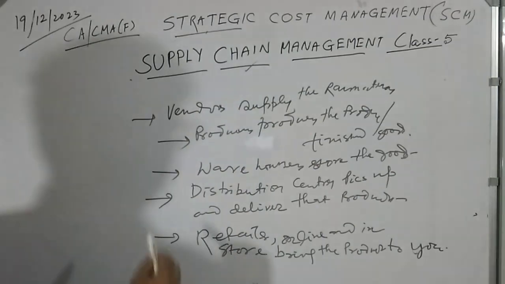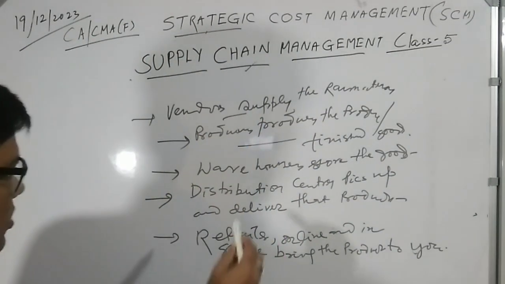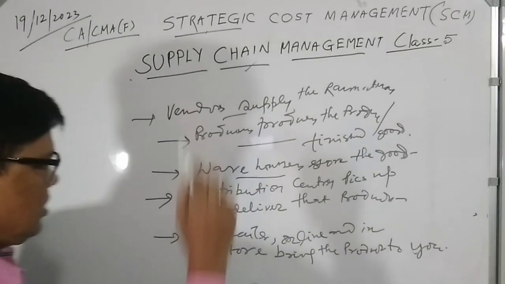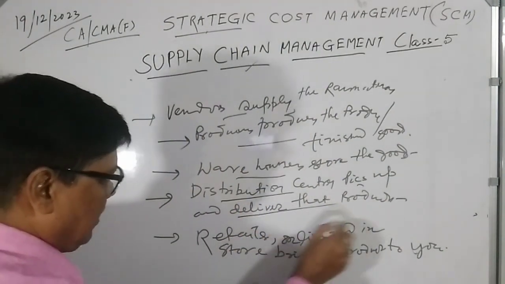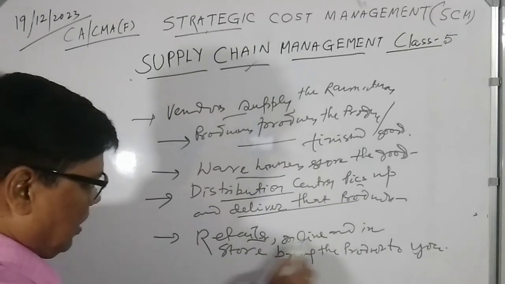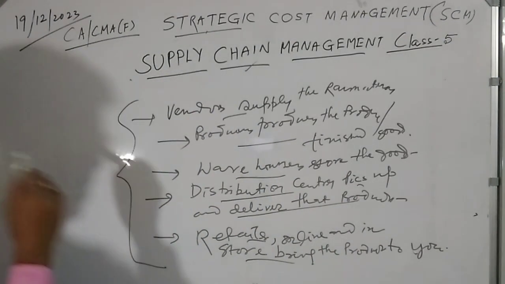So vendors supply the raw materials, producers produce the finished goods, warehouses store the goods, distribution centers pick up and deliver the product, and retailers sell online or in store. See, this is also a chain process.